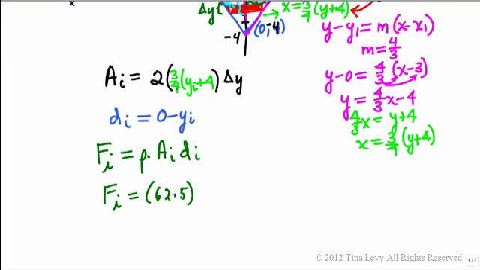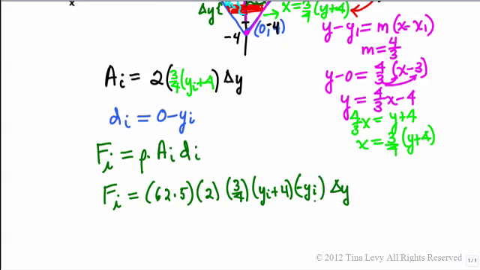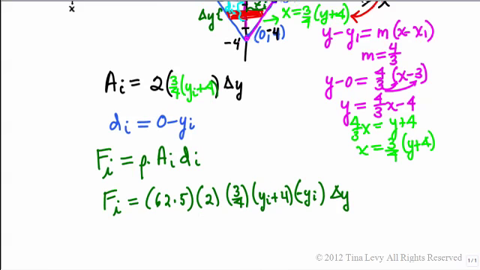The area of that typical rectangle is 2 times 3/4 y sub I plus 4, times delta y. And the distance from the surface is 0 minus y sub I, which I can write as negative y sub I. So this is the force exerted on that typical rectangle.